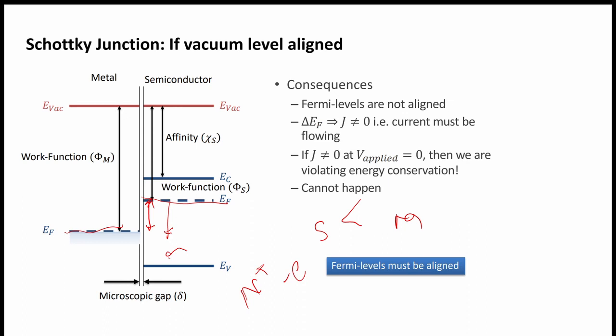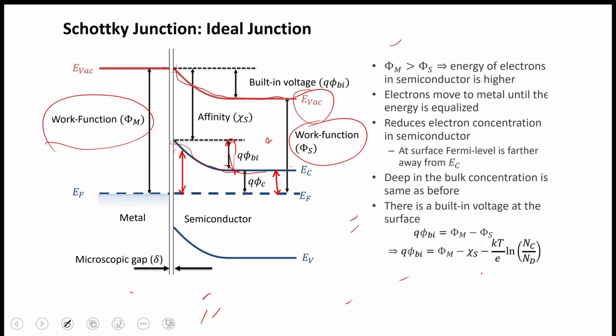This is the work function of the metal and this is the work function of the semiconductor. The difference is phi m minus phi s. This difference will be equal to the built-in potential or built-in voltage, so qVbi is equal to phi m minus phi s.